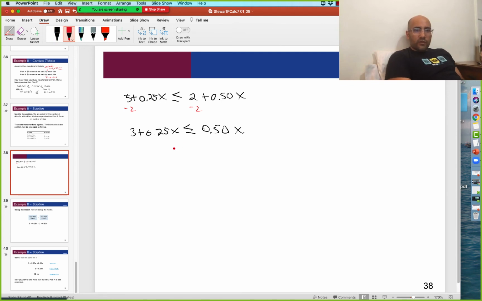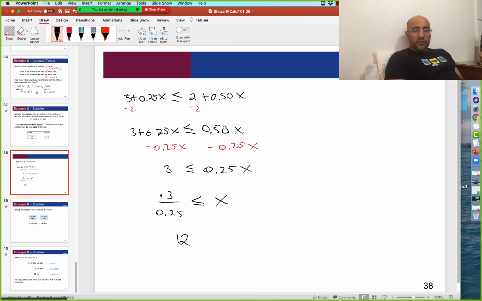And then let's move this over here. Minus 0.25x, minus 0.25x, which gives me 3 is less than or equal to 0.25x. And then dividing both sides, we get 3 divided by 0.25 less than or equal to x. Dividing both sides of the inequality by a positive number again does not change the direction of the inequality. And 0.25 goes into 3 12 times.